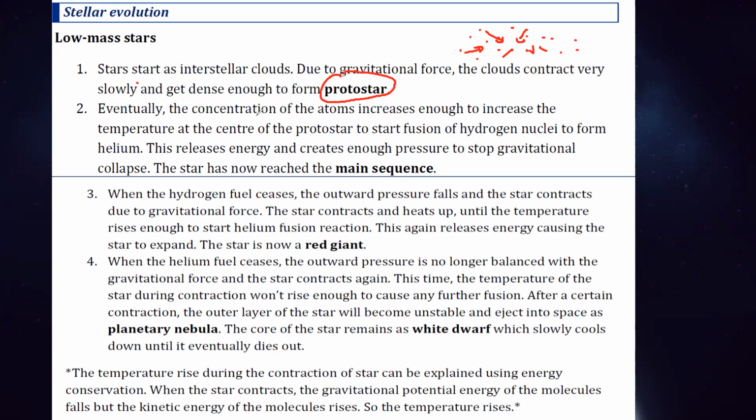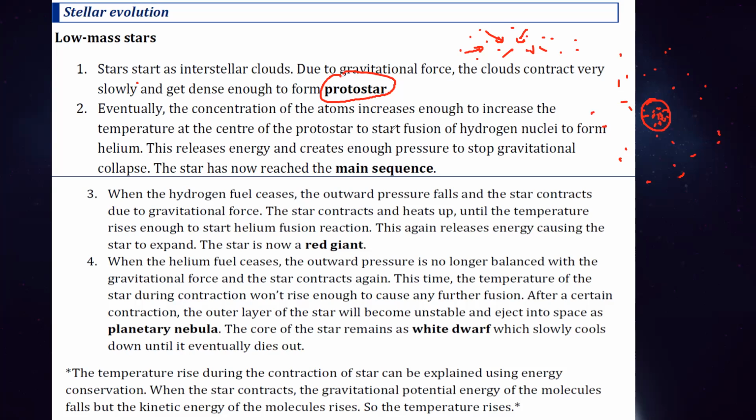Then the concentration of atoms increases, like there will be more particles in a unit space, and that is enough to increase the temperature at the center of the protostar. Inside, at the center core, the temperature starts to increase as the particles come closer. Their potential energy changes to kinetic energy. They move faster. As a result, the temperature increases.